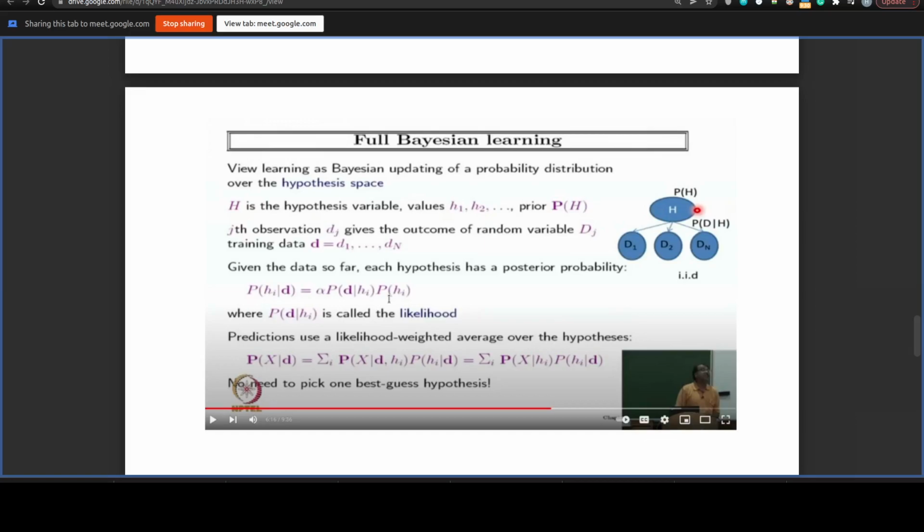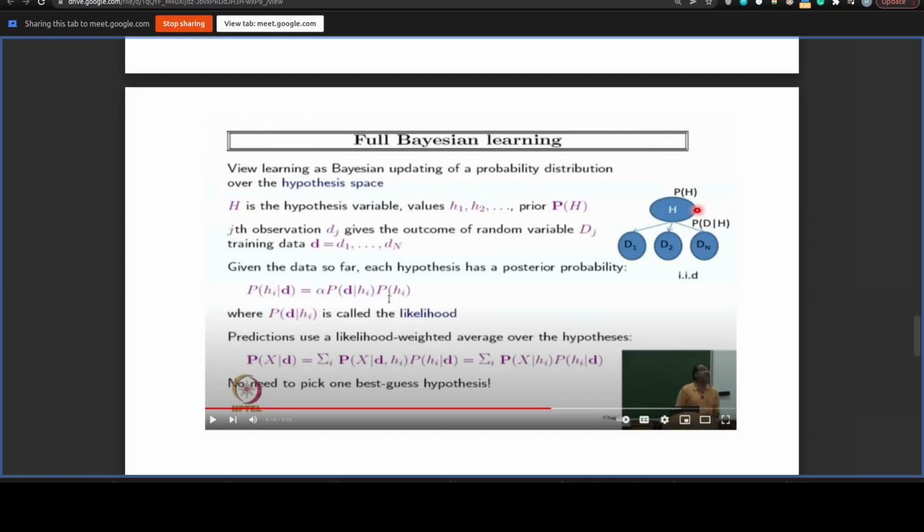So H is the hypothesis variable that has values H1, H2 and a prior P(H). The jth observation, dj, gives the outcome of the random variable Dj. You have training data, d1 through dn. So given the data, the probability of a particular hypothesis being true is given by this, right?